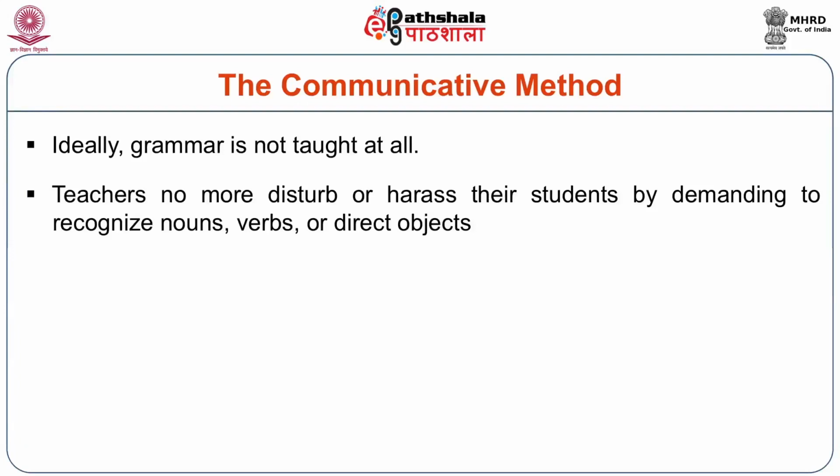So that is the basic aim of the communicative method. Teachers no more disturb or harass their students by demanding that they be perfect in whatever they are saying, that the grammar should be perfect or the intonation should be perfect. No, the communication should be perfect. That was the main aim. Nouns, verbs, direct objects, they will be corrected later on.